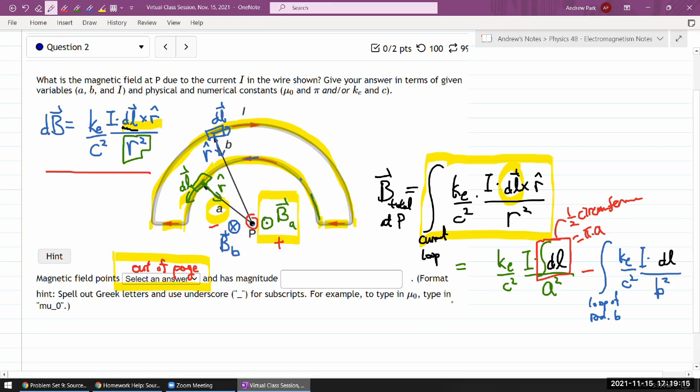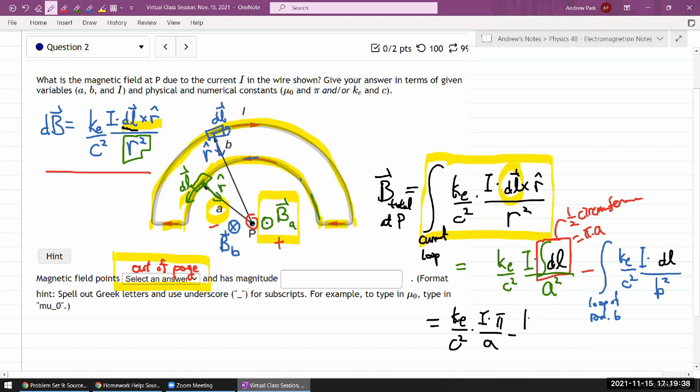So the first term will simply become k over c squared times pi a, one factor of a will cancel one factor of a squared, so this will be I times pi over a, minus the second. When I do this integral over dl, it's going to give me pi times b.